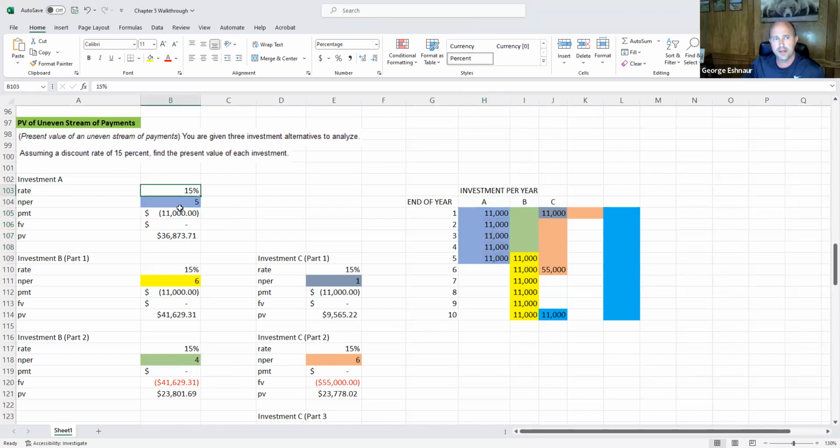Here's our interest rate for 5 years that I counted here. And then we just do the present value calculation, okay? Future value is going to be 0 because we'll pull that money out potentially. But what we see here is our present value of this one is $36,000 over the 5 years at 15%, okay?